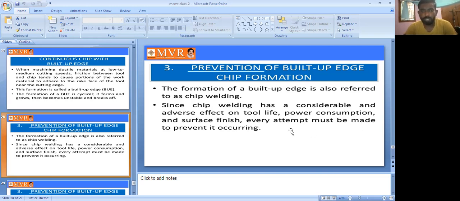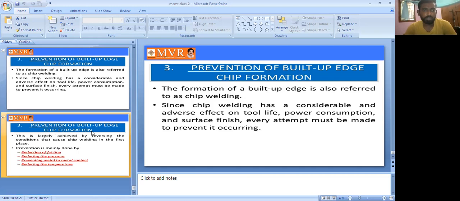Every attempt must be made to prevent it from occurring. The major point is this one: chip welding has a considerable adverse effect on tool life, power consumption, and good surface finishing. These are the major preventions.